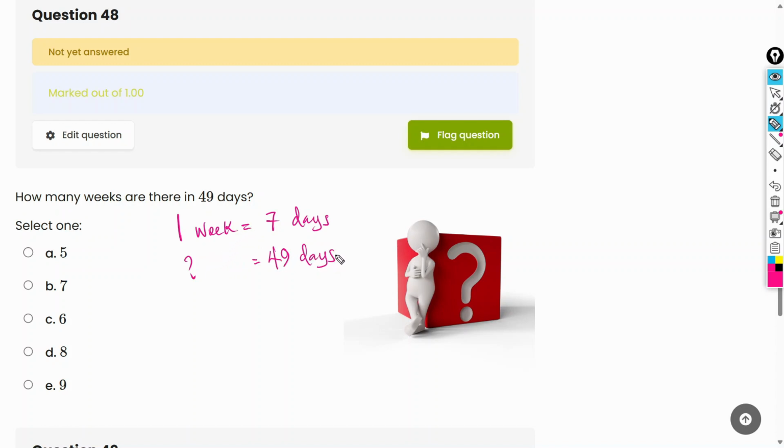Now, whenever we are changing from a smaller unit to a bigger unit, you divide. And whenever you're changing from a bigger unit to a smaller unit, you multiply. So in this case, we'll divide. So 49 days is the same as 49 divided by 7 weeks. From our multiplication table, we know that 7 times 7 is 49. So our answer is 7 weeks.